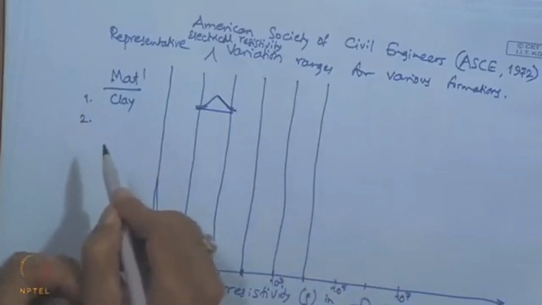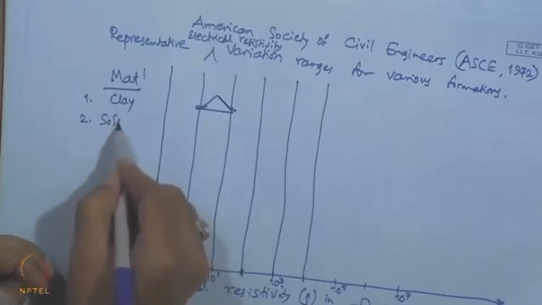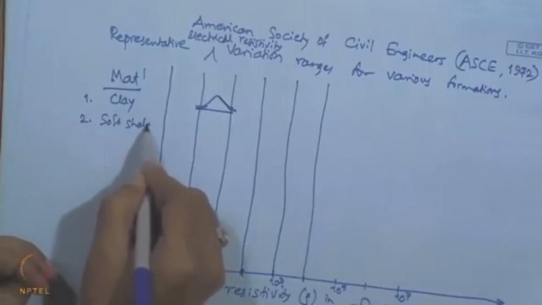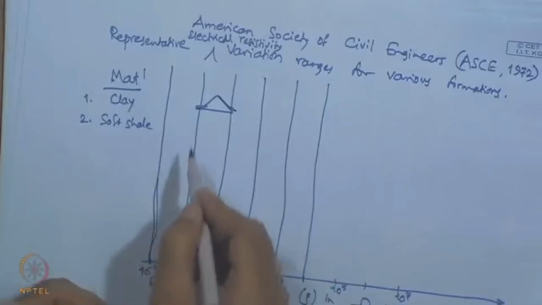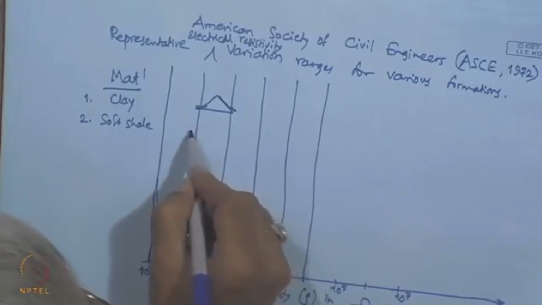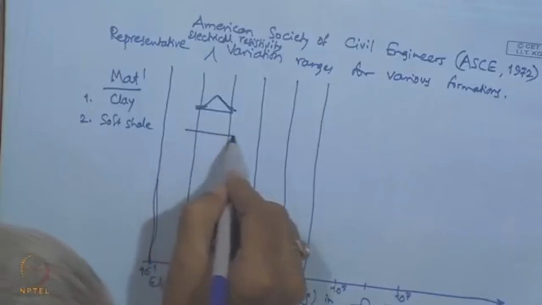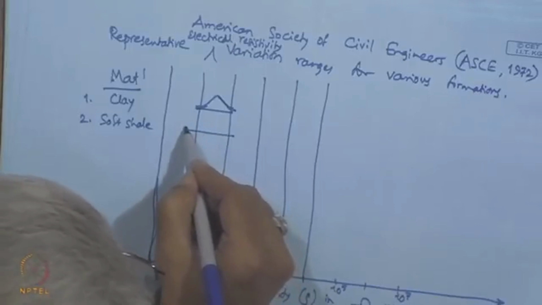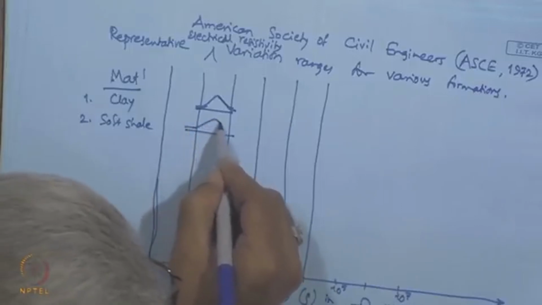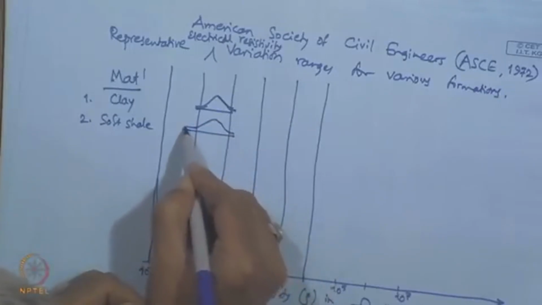Followed by this is soft shale, which is also quite fine grained, and the variation is somewhat similar to clay, only it may show a larger variation on the lower side.